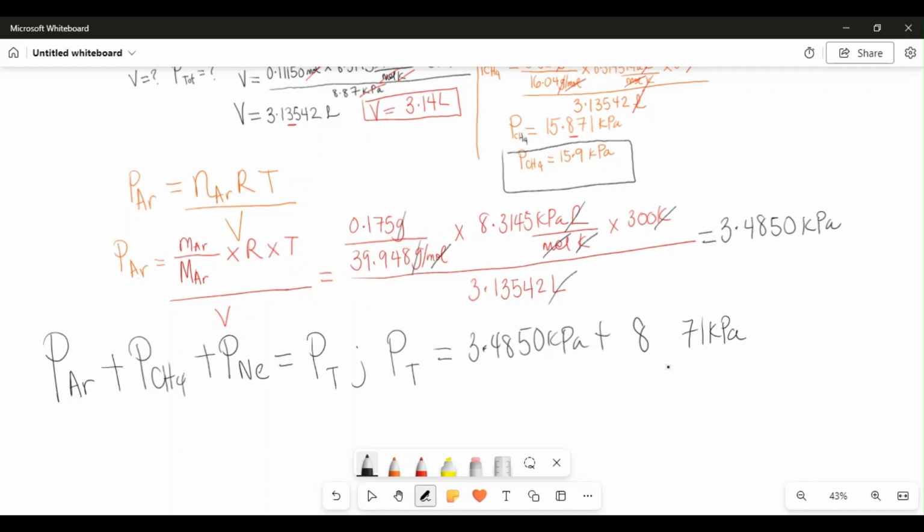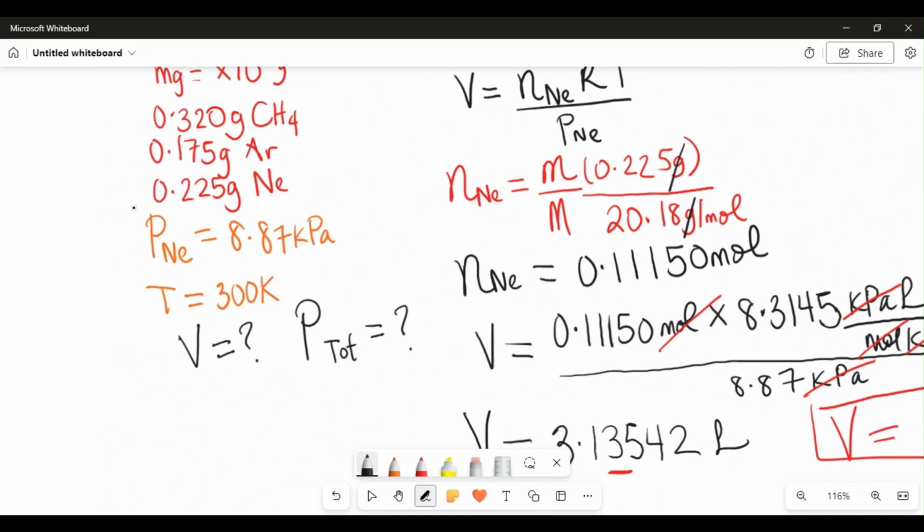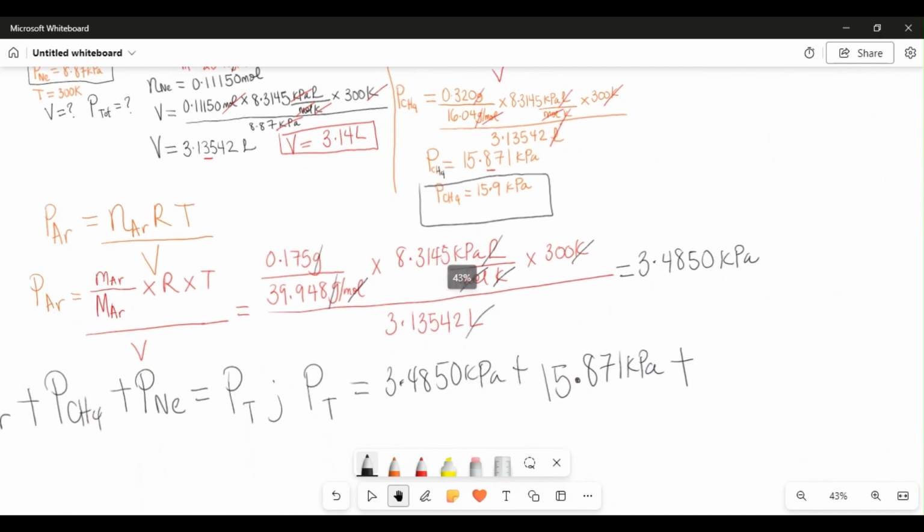Plus the pressure of neon, which was given to us in the question to be 8.87 kilopascal.